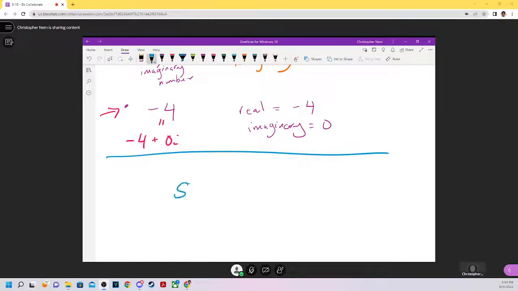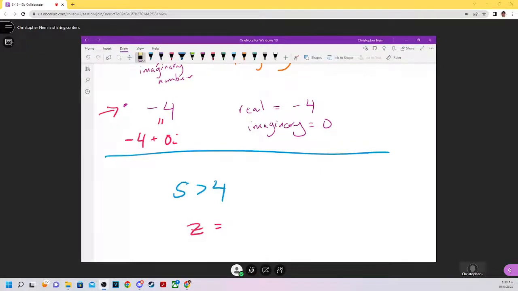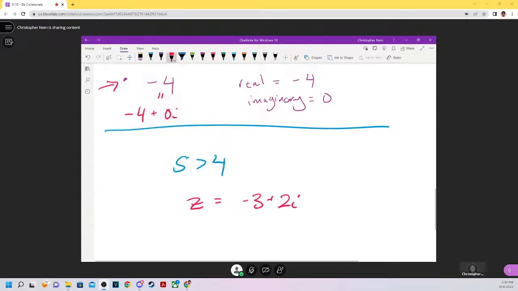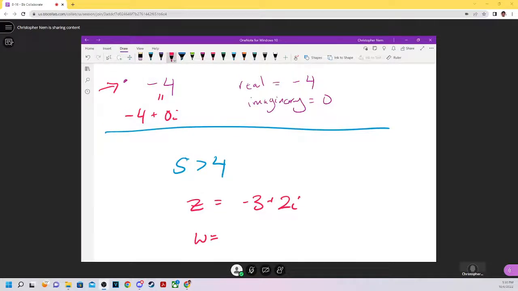You can easily tell me that 5 is bigger than 4. But let's take z to be a complex number. Let's let z be negative 3 plus 2i, and let's let w equal 4 minus i. These are complex numbers.